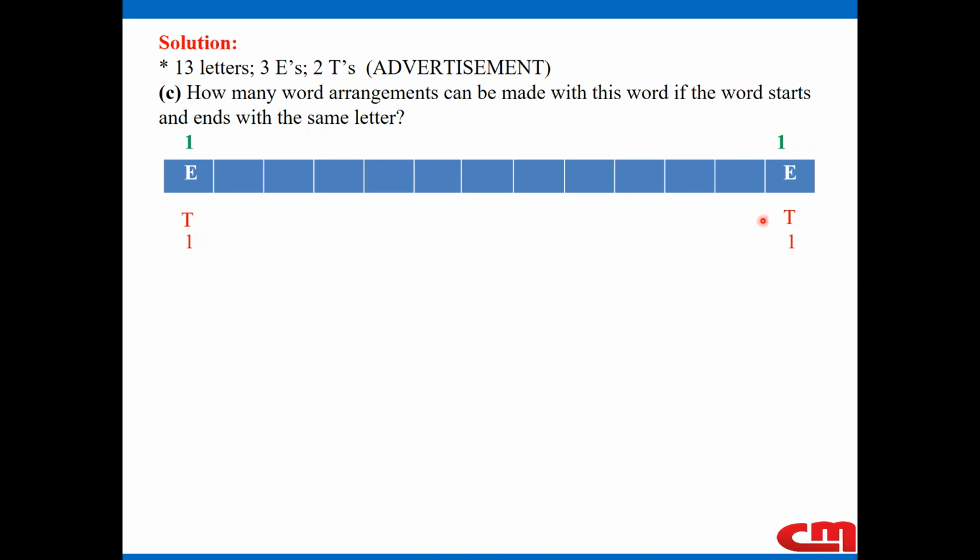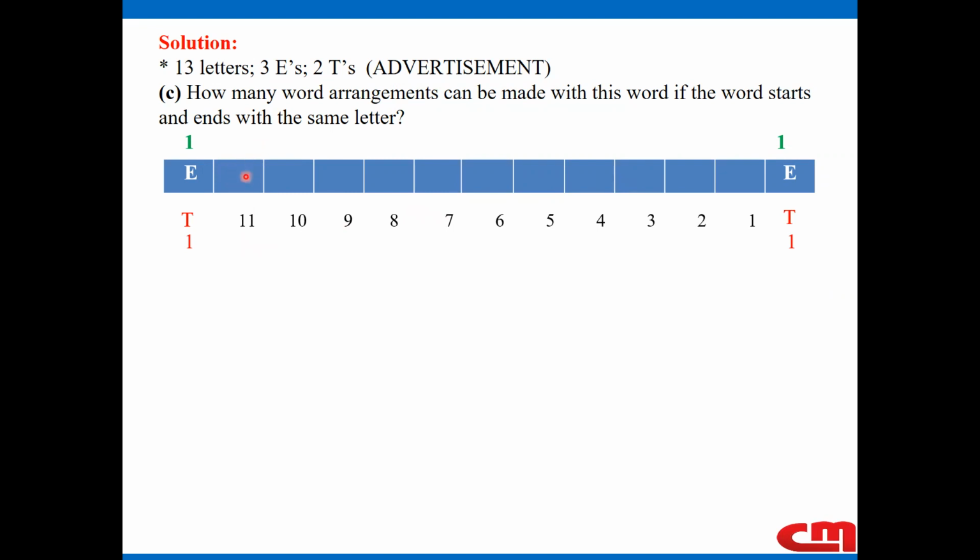Therefore, once I've done this, all I need to do now is, if the first position we have an E and the last an E, how many letters are left? That means I've used 2 letters. From 13, I have 11. So the 11 have to be placed in these 11 positions, right? Remember we are placing the letters in the positions. So in such a case, for the second position, I have 11 letters that can be placed here.